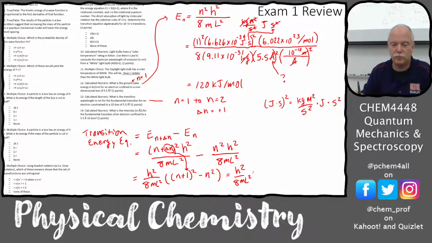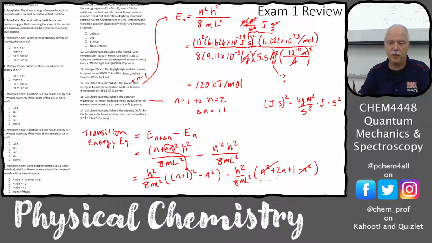And so that's going to be n squared plus 2n plus 1. Right, FOIL: first, inside, outside, last, minus n squared. So then the n squareds are gone.